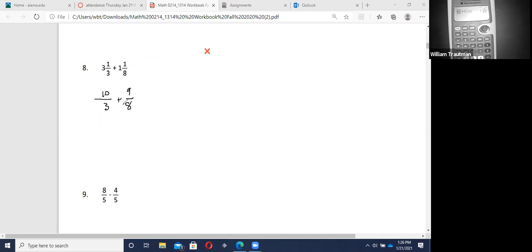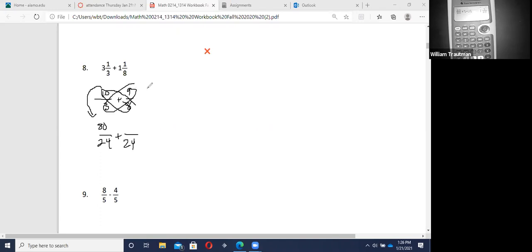And now I'm adding fractions with 2 different bottoms, and we go through the same process that we just did. Multiply the bottoms. 3 times 8 is 24. We have 2 new bottoms. Then multiply these two. 10 times 8 is 80.